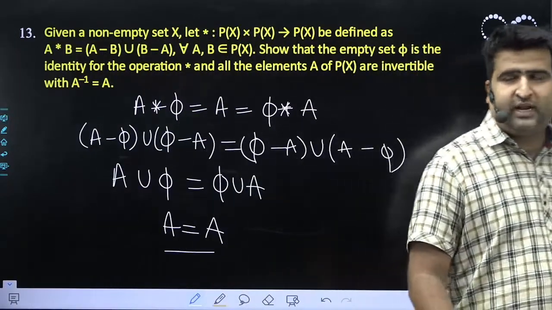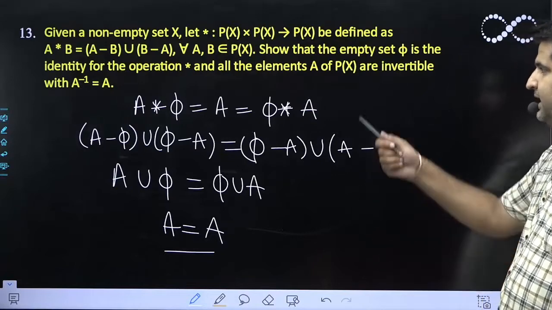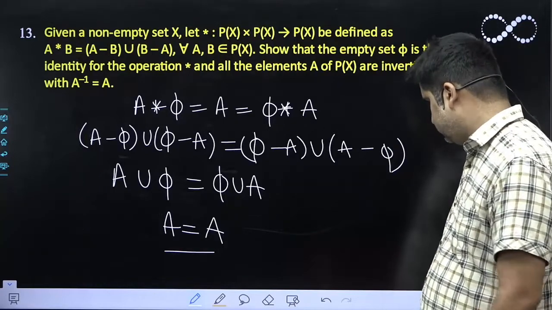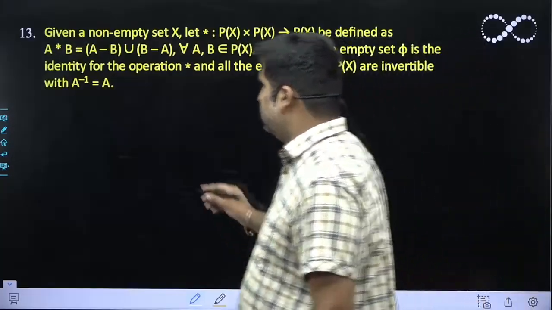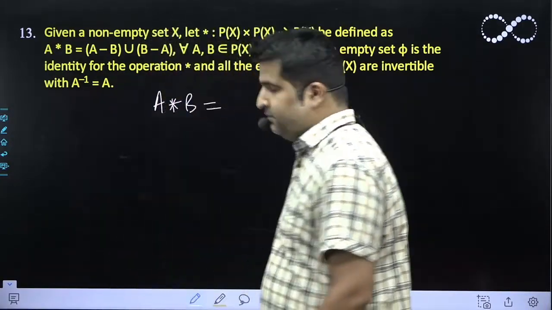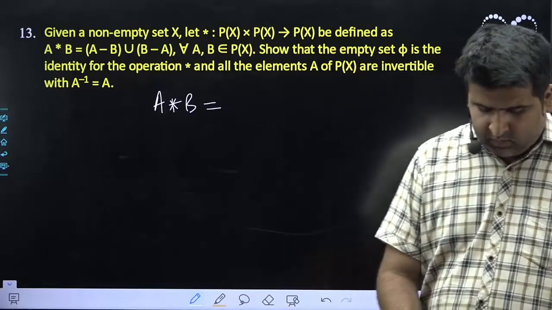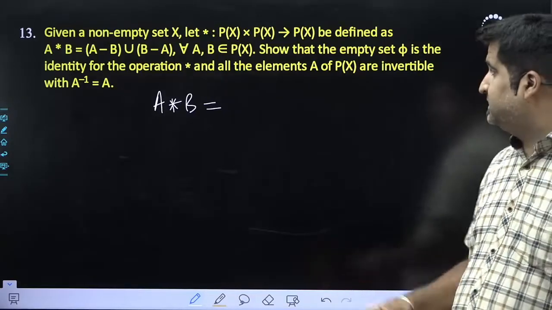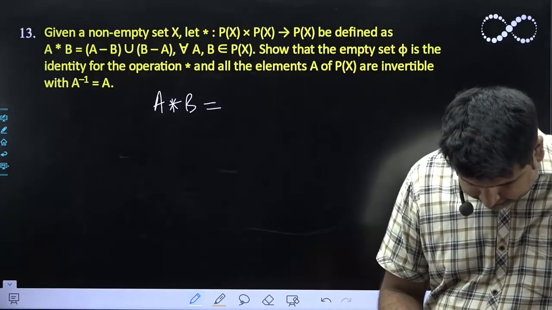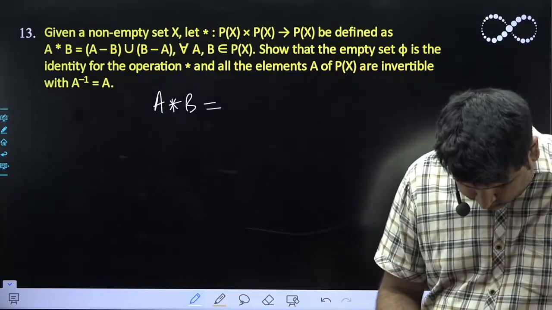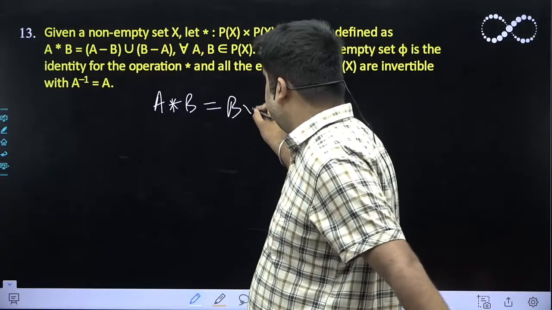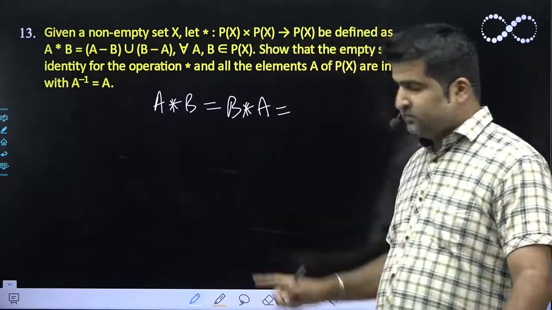And next we have to show that all the elements of P(X) are invertible with A inverse equal to A. So how will we prove that? Let's see. If you take A star B, what do we have to show when we have to show that it is an inverse? You will simply take A star B is equal to B star A. Just think it through.